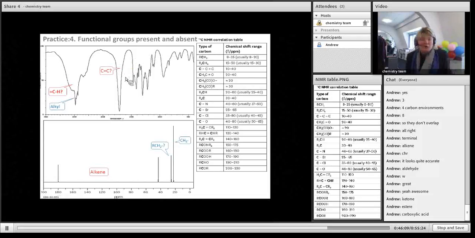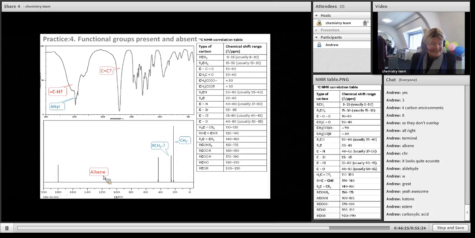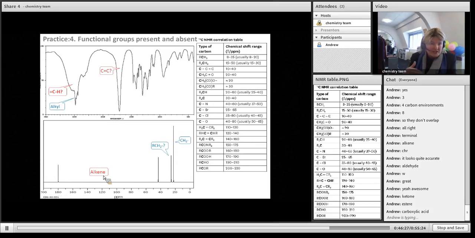We can't really see whether there's an alkene or not, but we do expect to see one peeping out just below 1600 if there was an alkene, and there's nothing, and we know there's nothing. We can confirm there's nothing because there's nothing in the NMR. So you can say the IR, we can't see if it's an alkene clearly, but we know from the NMR that it's definitely not an alkene.